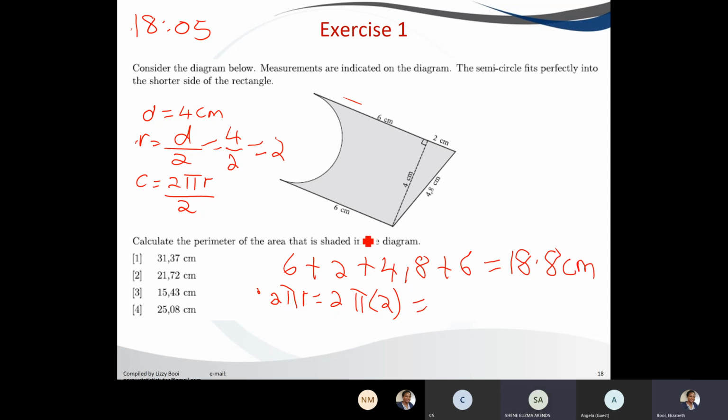And then I added the 18.8 centimeters to that. What was the answer that you got? I'm sorry. So then I got 13.366 and then I rounded it off.